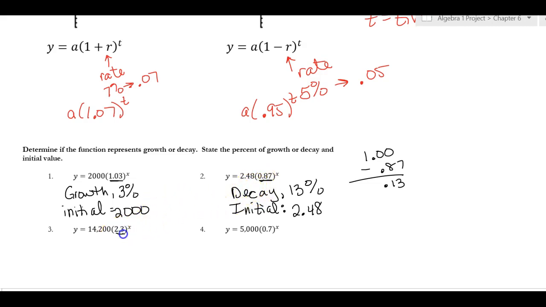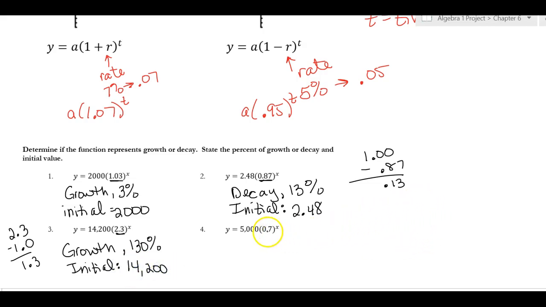All right, 2.3 is definitely bigger than 1, so this is growth. And so 2.3 minus 1.0 is 1.3. And we have to write it as a percent, so that's 130% growth. And then the initial value was 14,200.